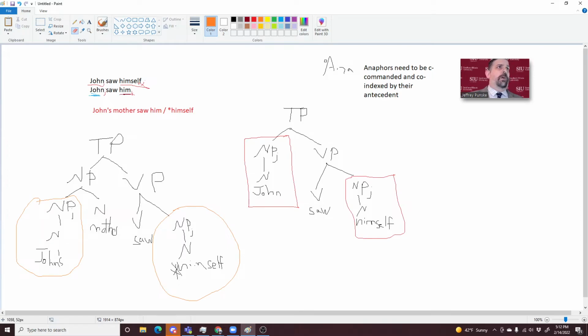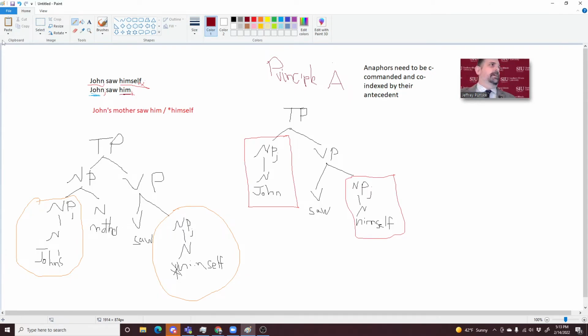We can actually call this rule that I just gave principle A. You might also see it referred to as condition A. It's stated slightly differently in some cases. Typically it says anaphors must be C-commanded and co-indexed, or anaphors must be bound by their antecedent.